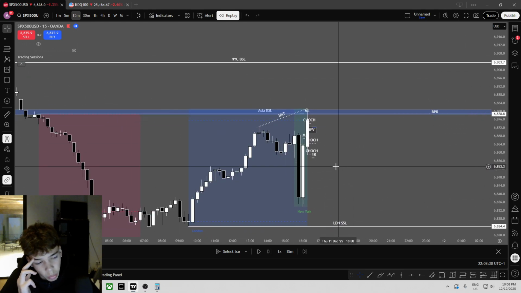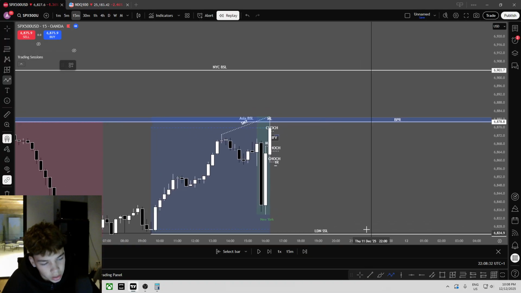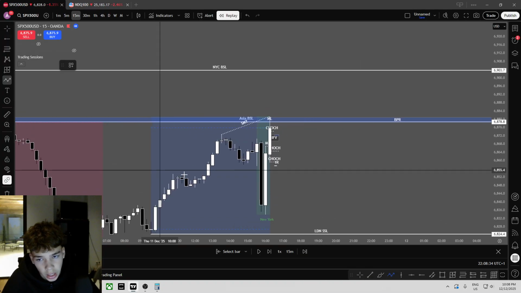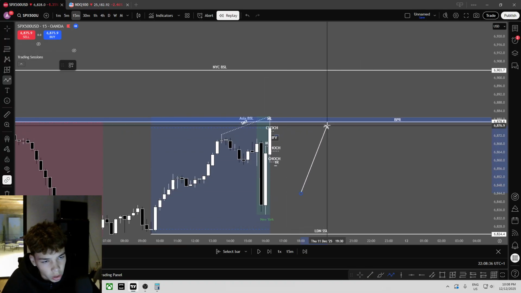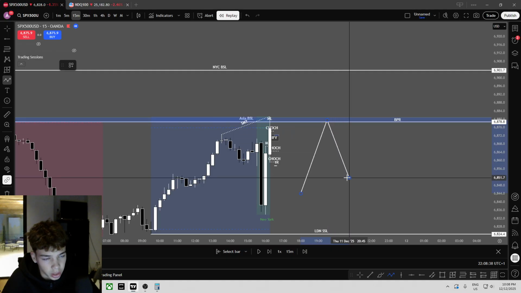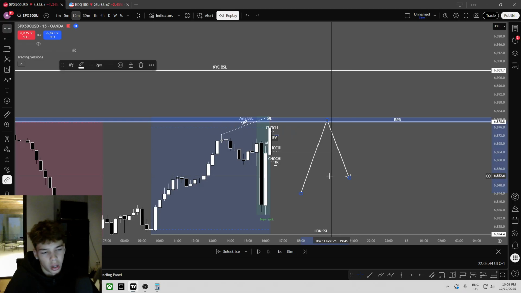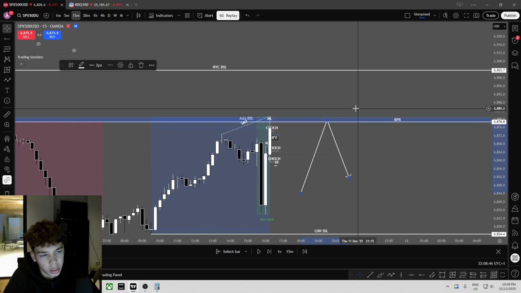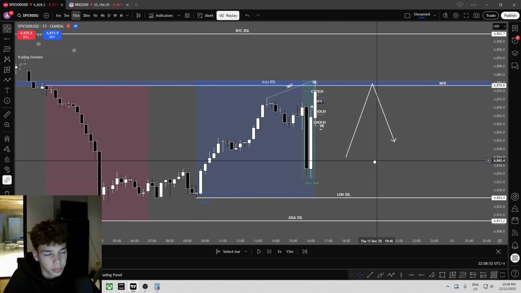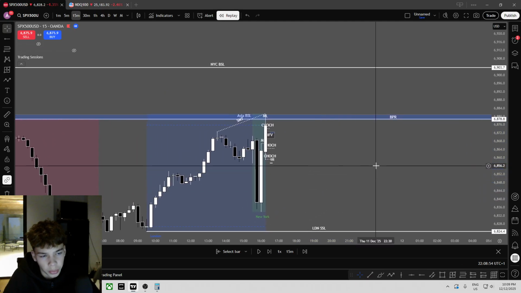A lot of the time with this BPR, price will likely go touch it and reject off it. It kind of works as a support or resistance zone, depending obviously on where it is. So in this case, it would be a resistance. If you found a BPR on a low, then it would be a support.